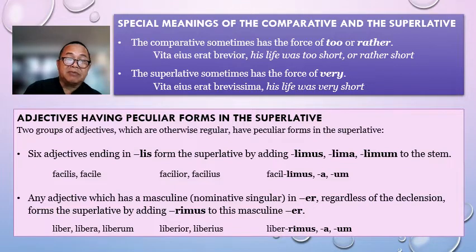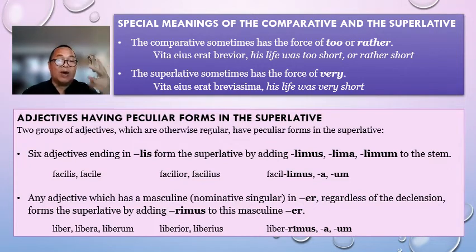So comparative, regular, facilior, facilius, but in the superlative, instead of saying facilissimus, you just say facilimus, double L. Facilima, facilimum.